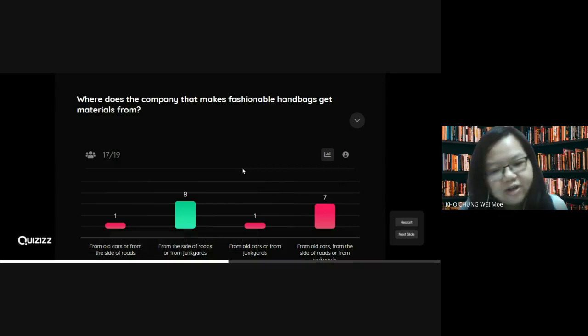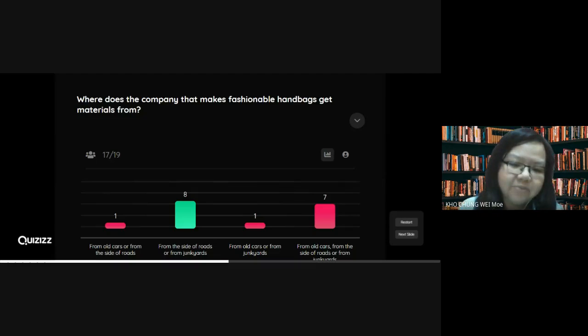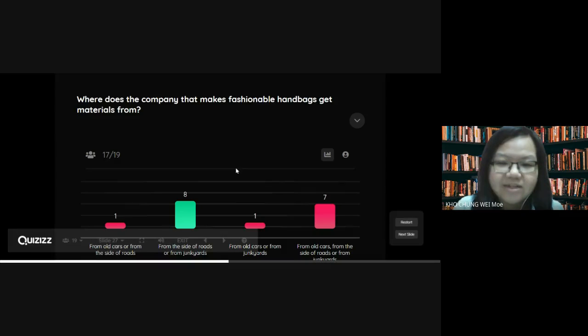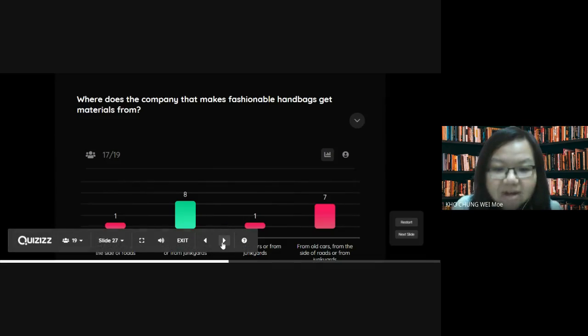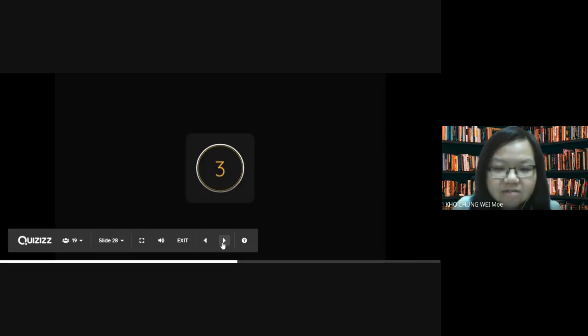You don't actually take it from the old cars, because some old cars might still need the car number plate because they're still using the cars on the road. Okay, so from old cars cannot be the answer. It must be thrown away from the side of the roads or from junkyards. Right? So basically things that people do not want anymore. Okay? So let's move on to the last question.